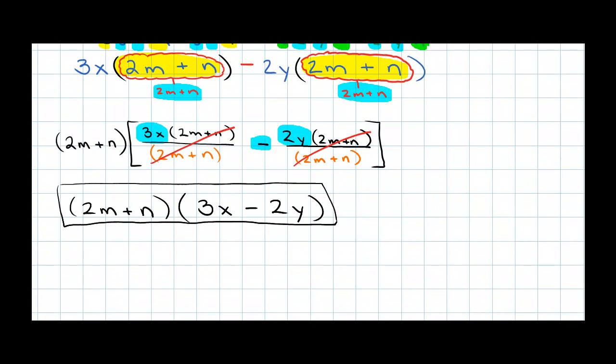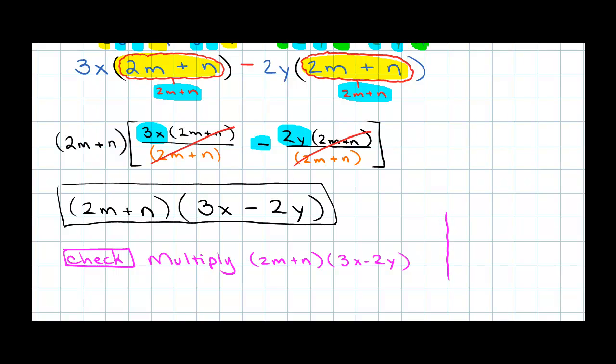And if we wanted to check this, we could check it by multiplying the factors. Any factoring problem, you can always check by just multiplying out the factors you get at the end. You should always be able to come up with the original polynomial. I'm going to use the box method, or you could use the FOIL method, to multiply these two binomials together.